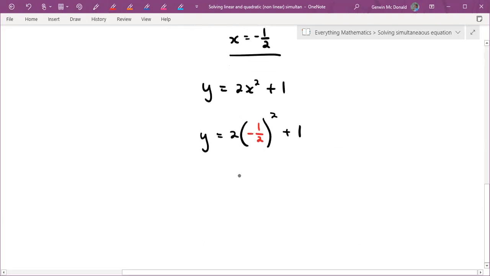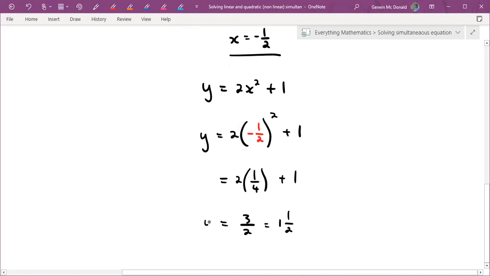If I solve this here, negative a half squared is the same thing as a quarter, plus 1. 2 times a quarter is a half, plus 1. 1 is the same thing as 2 over 2. And when you add these two fractions, you should end up with 3/2, which is equal to 1.5.